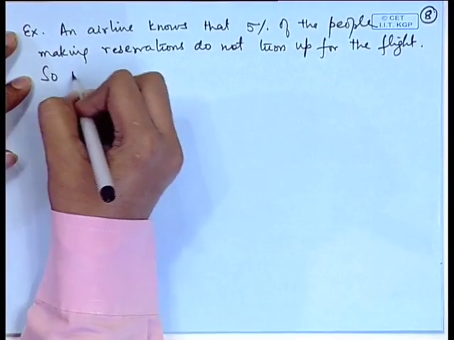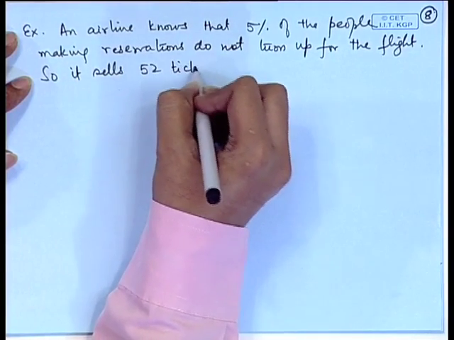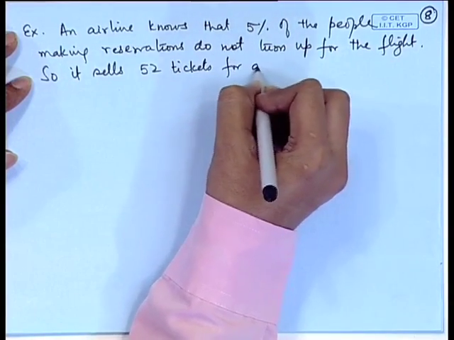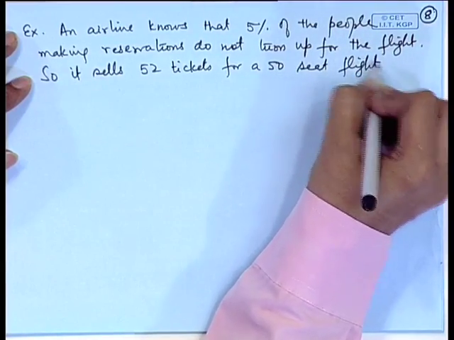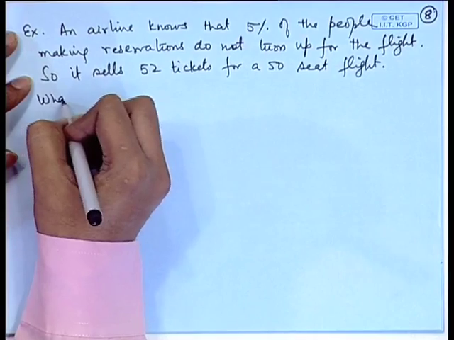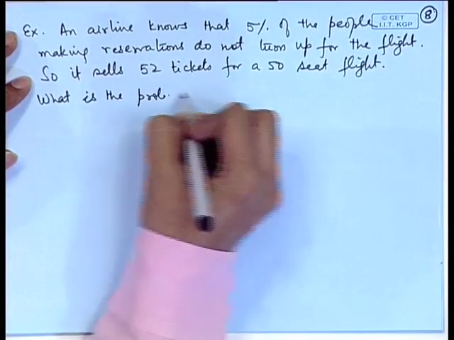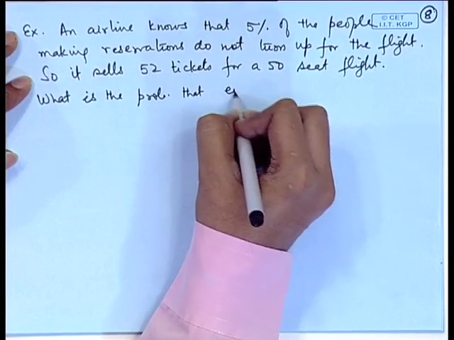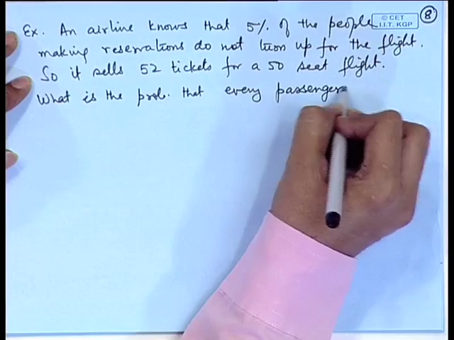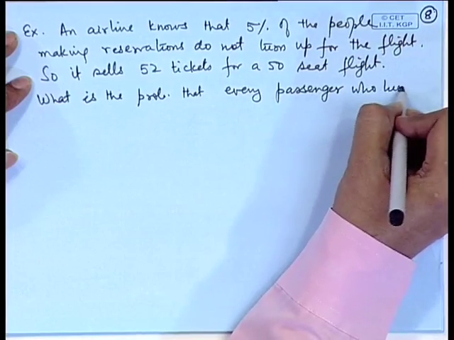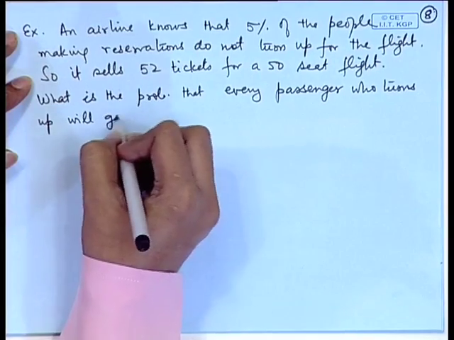So, it sells 52 tickets for a 50-seat flight. What is the probability that every passenger who turns up will get a seat?